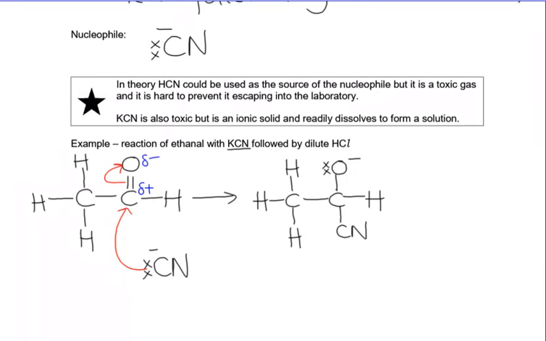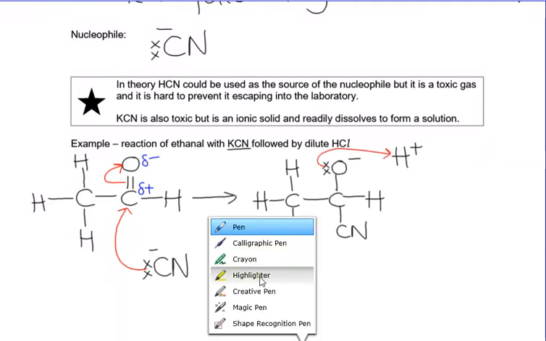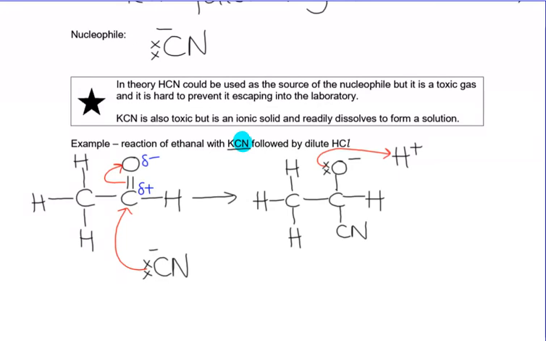Now what happens is we're adding the dilute acid, which is a source of H+, and off we go to pick it up. So remember, we're using just the H, we're not using the K or the Cl.